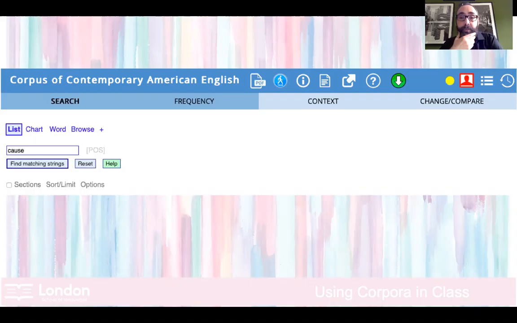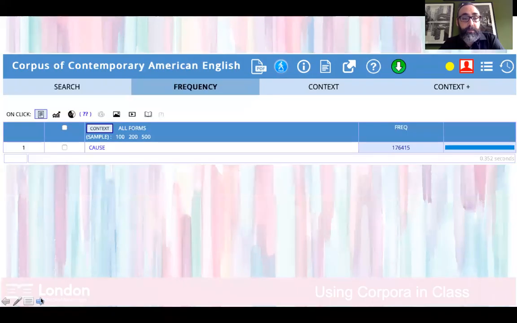As I mentioned before, it's an interesting word because it usually takes negative collocates, okay? So the word cause, as I say. And to find examples, phrases containing the word cause, the only thing you need to do is you click on find matching strings, which will take us here.